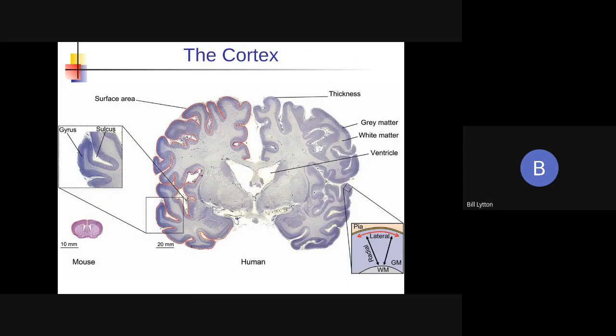So cortex remains the most popular site for modeling, and that's because we humans are excessively proud of our cortex. Now, I try to be proud of my thalamus. I try to be proud of my basal ganglia. I have all kinds of wonderful deep telencephalic parts that are underappreciated. But the cortex is everybody's favorite.